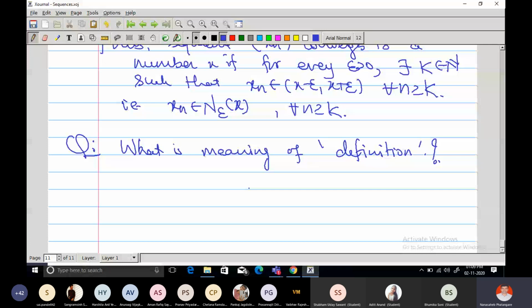Definition is the name of a particular thing. For example, suppose you are going to the college. You said that I am going to the college. Then after some time you are in the college campus. So what is the definition of college? The campus, classrooms and all these things. So if you are in college, that means you have come to the college, right?